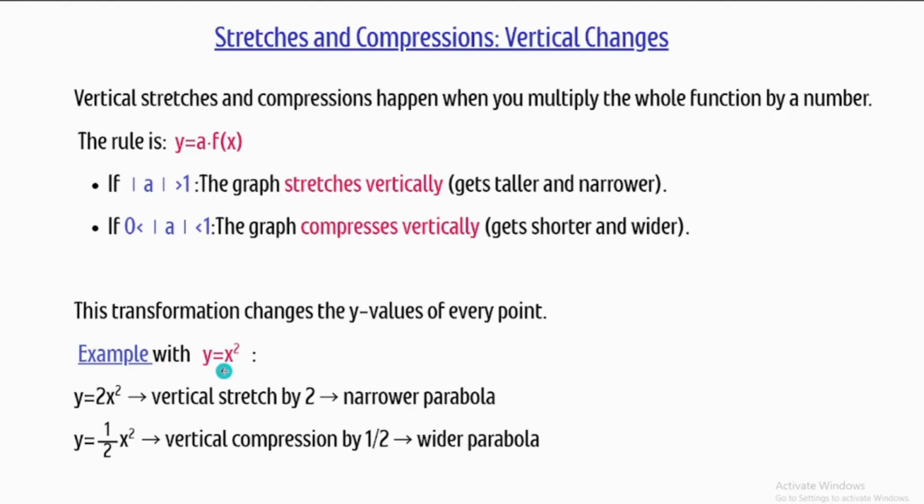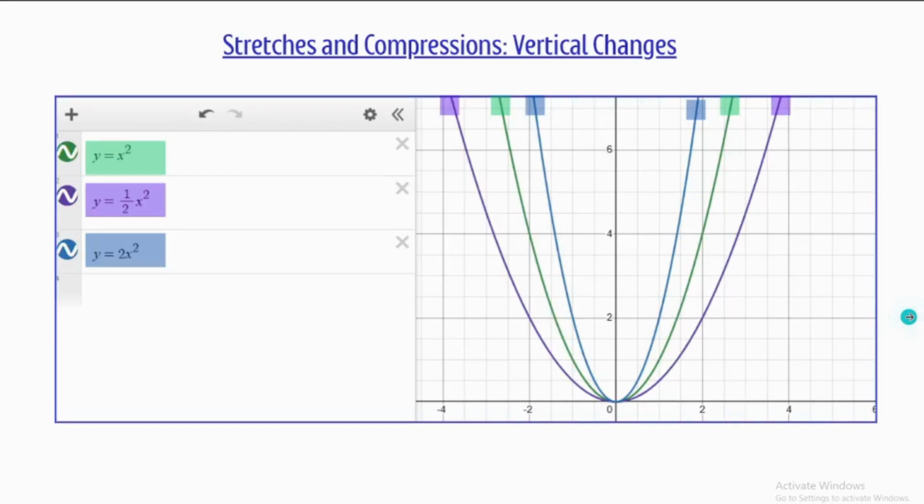Take the parent function, as an example, y equals x squared. When we multiply, we are stretching or compressing, by a whole number or a fraction. When we multiply by a whole number, the parabola will be narrower. When we multiply by a fraction, it will be wider. Here, the green parabola is the parent function, y equals x squared.